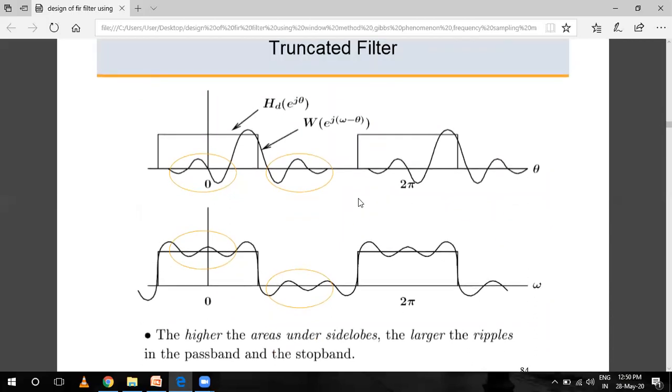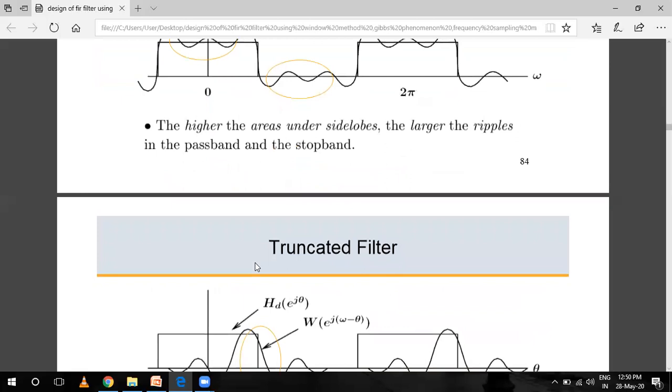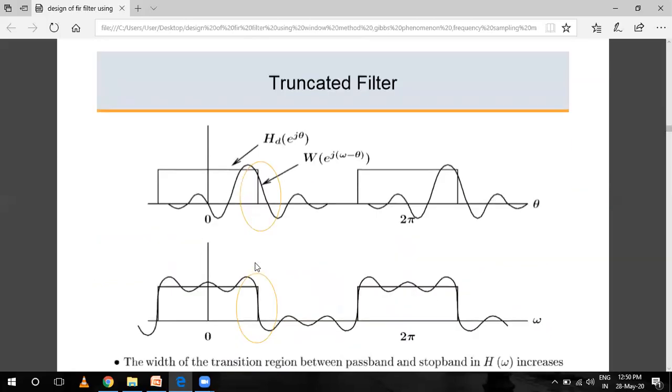The higher the area under the side lobes, the larger the ripples in the pass band and the stop bands. This is the truncated filter.